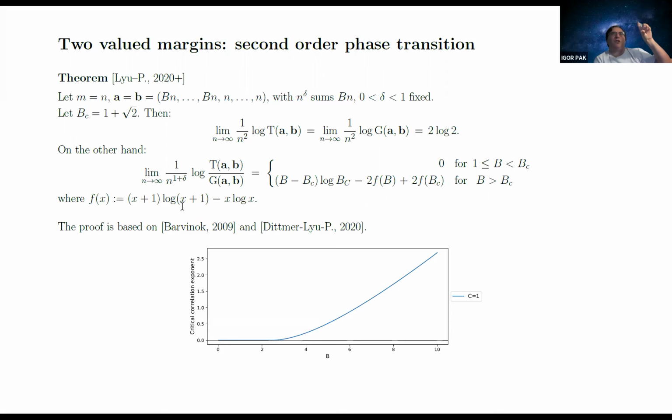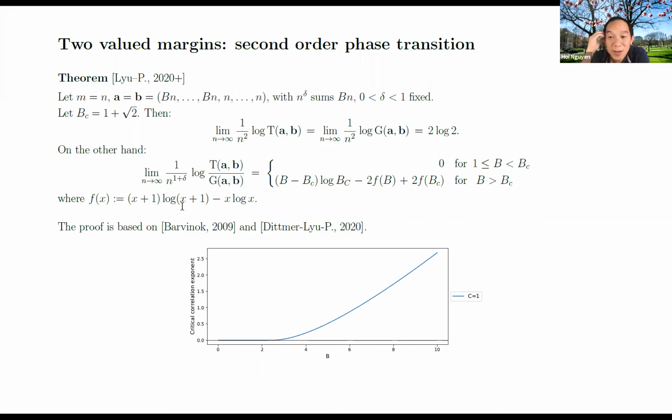Increasing B too much doesn't change random contingency tables. I mean, if you just have the 1 row 1 column version, do you see the correlation then? If it increases, yeah, you do. That's a good point. It's not a very natural case, but yes. Okay.